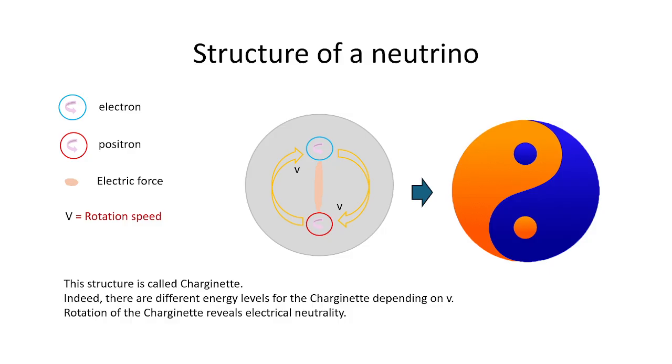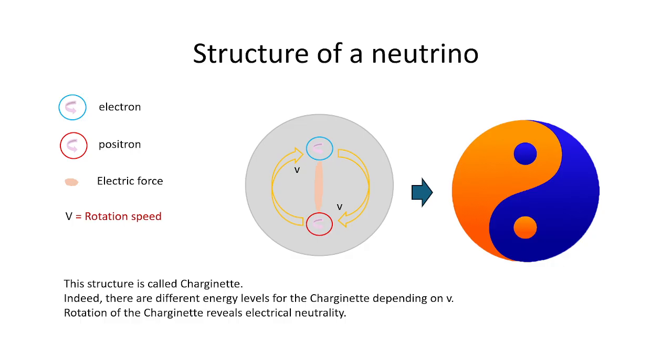Structure of a neutrino. A neutrino is composed of an electron and a positron, one turning around the other.